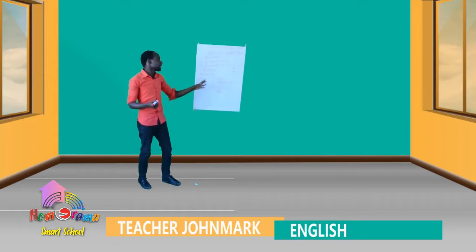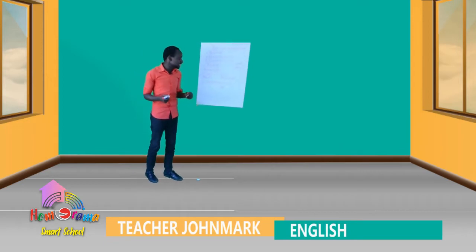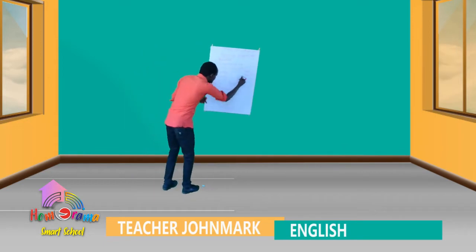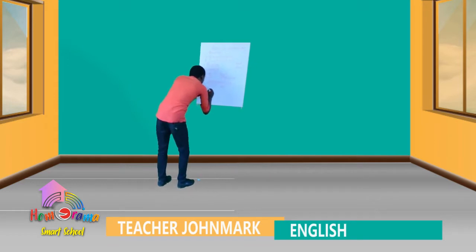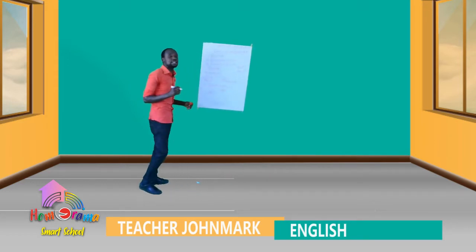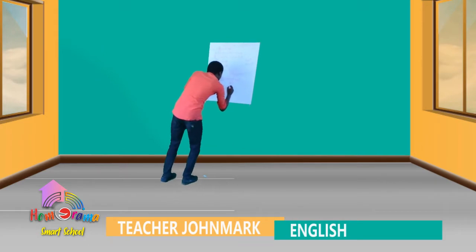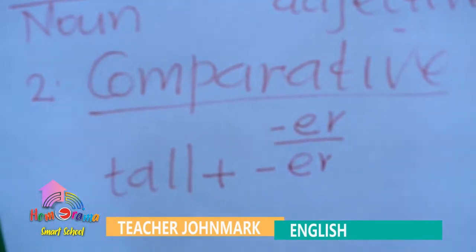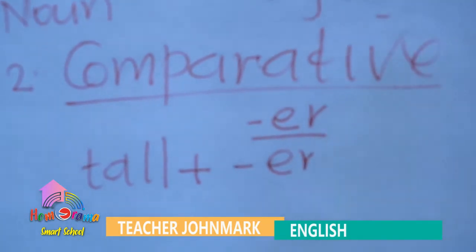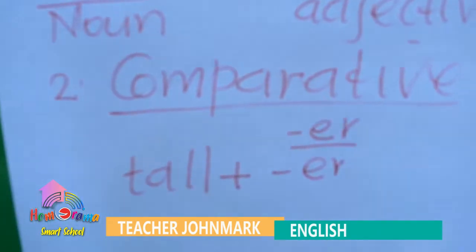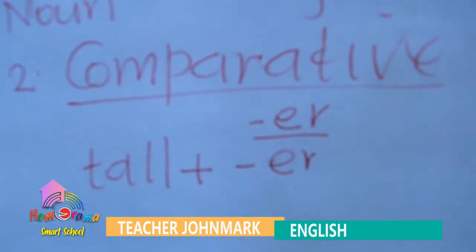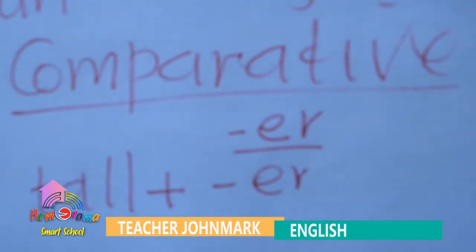I repeat, we are taking the positive adjectives. If, for example, the word is tall, we add the suffix ER. Remember, a suffix is a letter or letters that are added after a word. And the opposite of suffix is prefix.